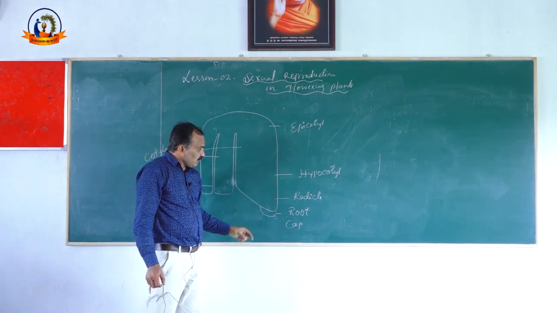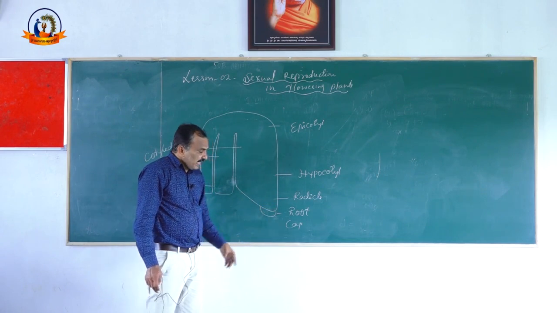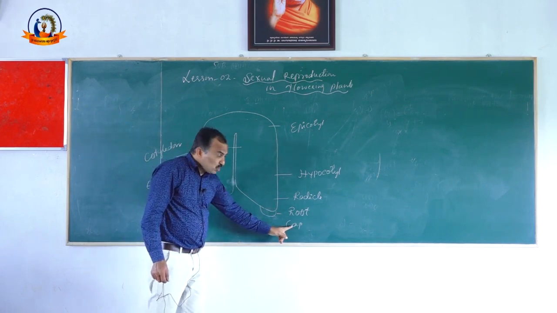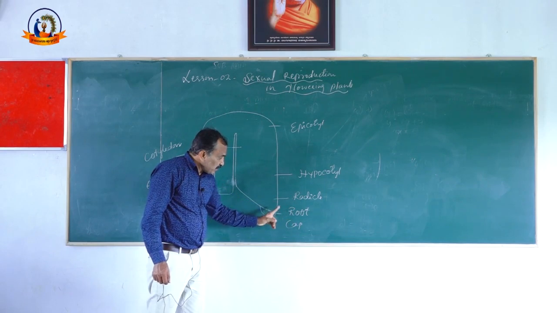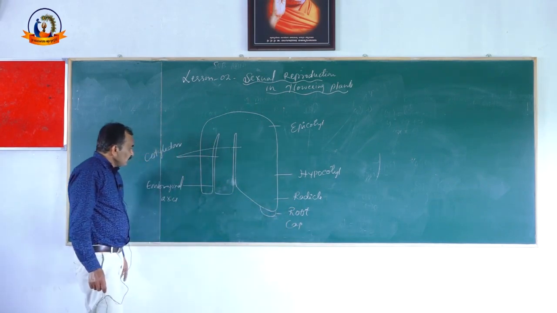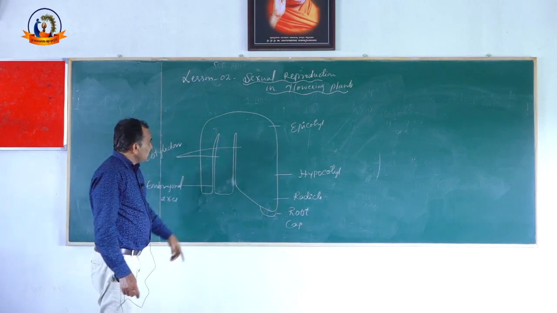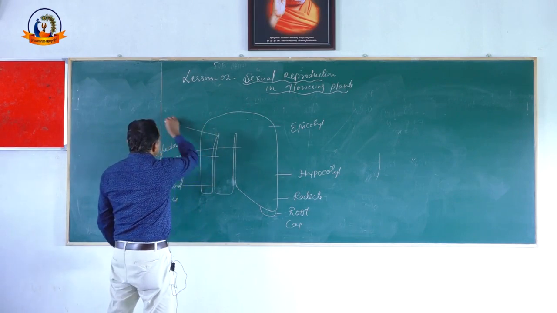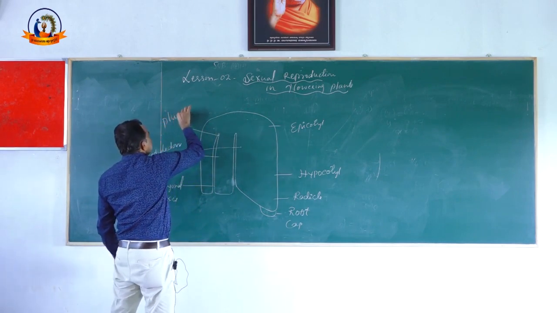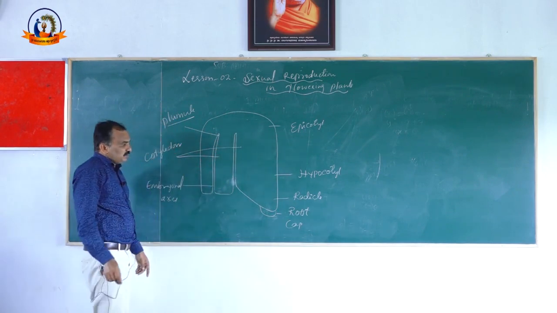At the end of the hypocotyl, this part is called radicle. Radicle is well protected by a cap-like structure called root cap. And these two are the embryonal axis. This is called plumule. The tip of the embryonal axis is called plumule, and these two are the cotyledons.